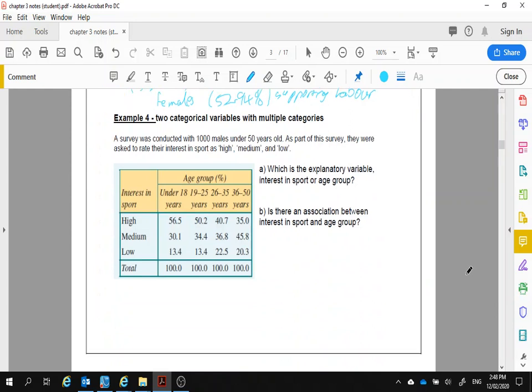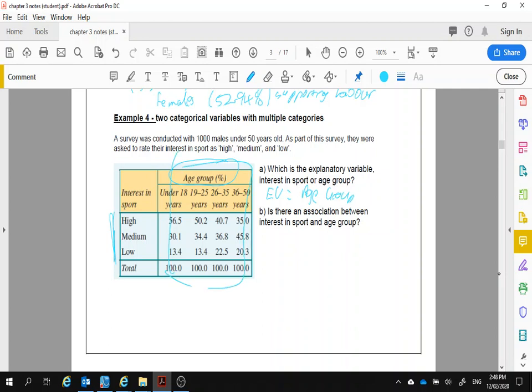Example 4. This shows two categorical variables with multiple categories. So you can see there's multiple categories here and here. There's 1,000 males under 50 years. As part of this survey, they were asked to rate their interest in sport as high, medium, low. EV equals age group. It's always the columns, and there's the columns.